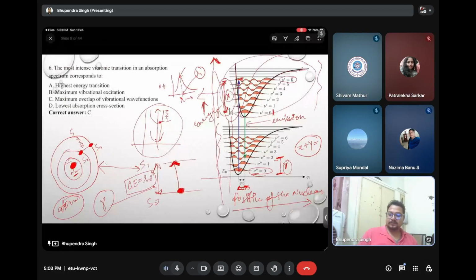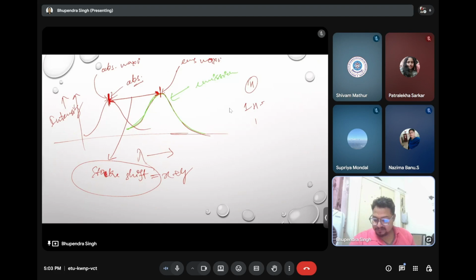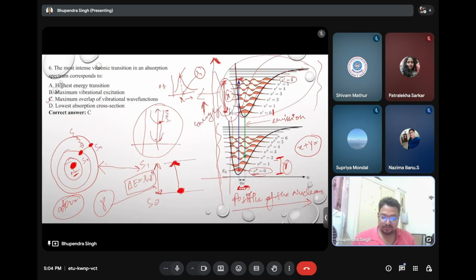The option C, maximum overlap of vibrational wave functions. Okay, let's move to high energy transition, maximum vibrational excitation, lowest absorption cross section. This is not correct.